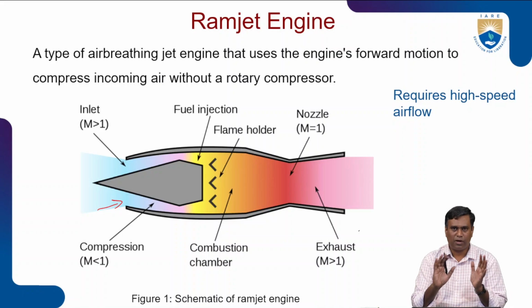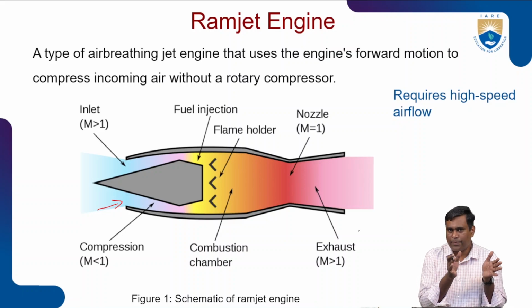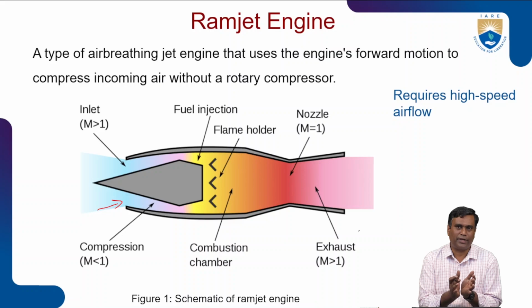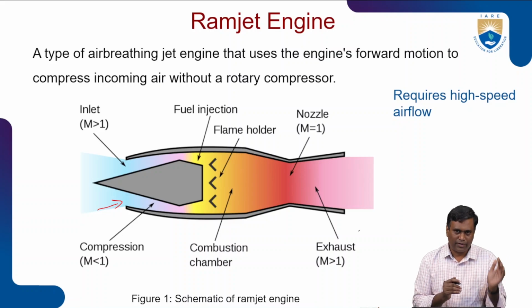So there is no compressor blade or any other work. Only pressure is increased as air flows through the inlet at high velocities. This is ram effect. So both ramjet and scramjet compress air due to ram effect only. There are no compressors, for which high velocity airflow is required.